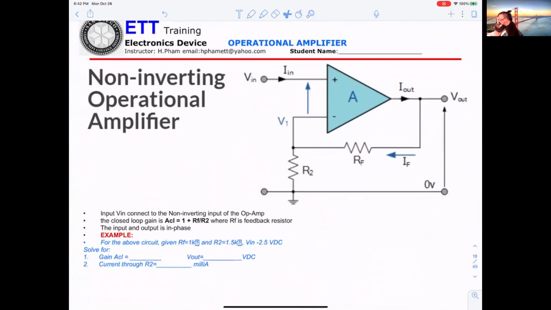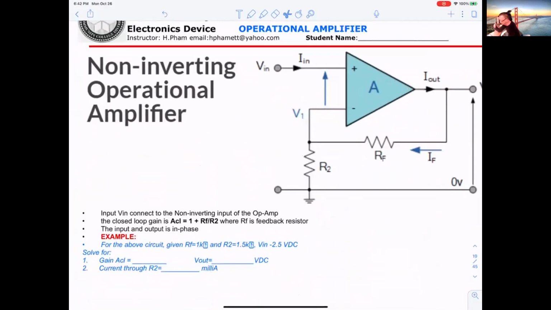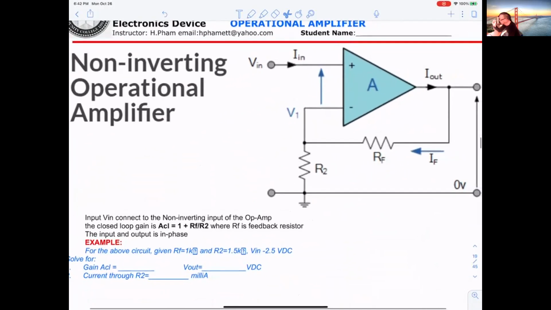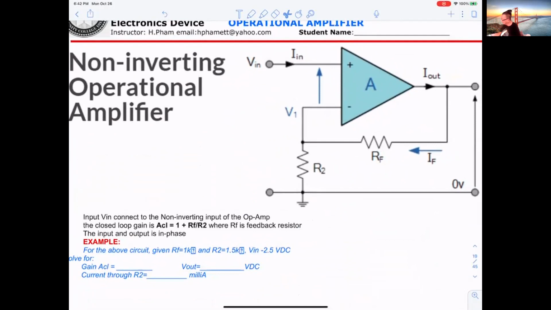So let's see. Okay, do this example. For this circuitry, RF is 1K, R1 will be 1K, R2 is 1.5K, and V in is minus 2.5.